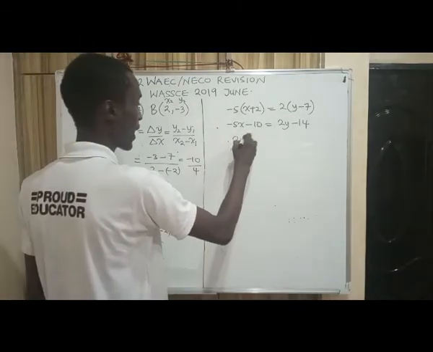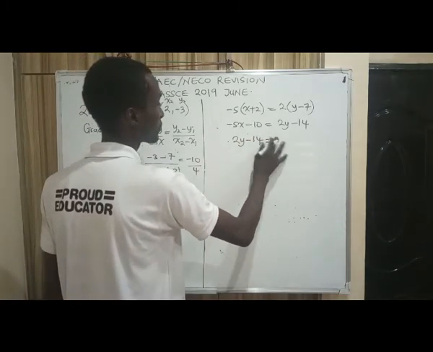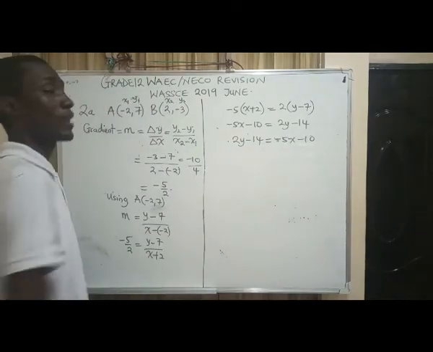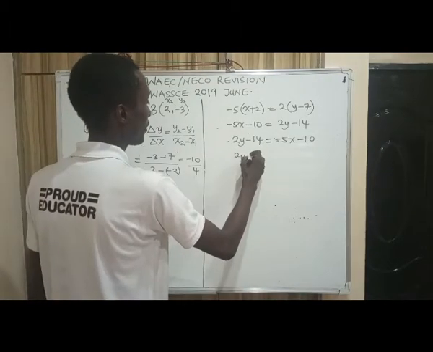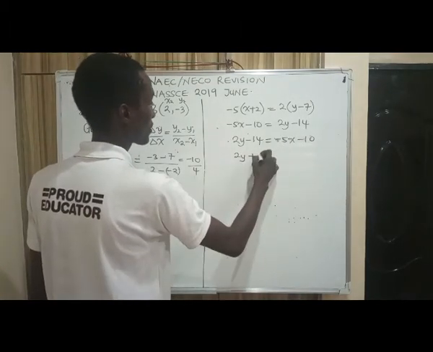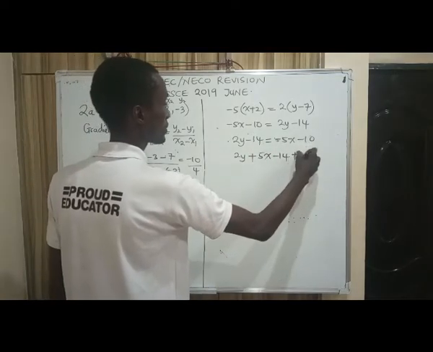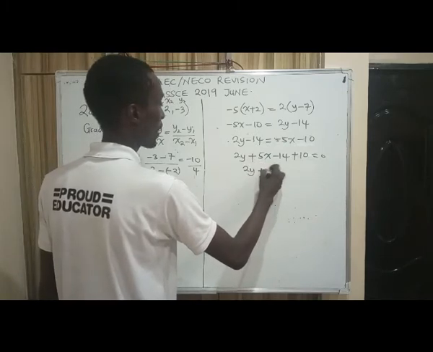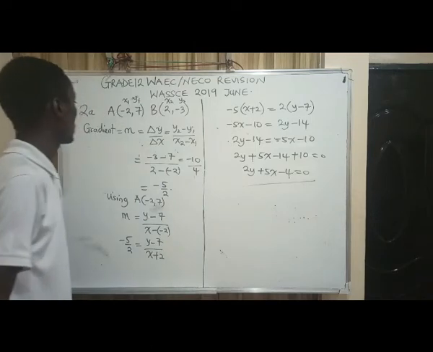So I'll rewrite this and move everything to my left hand side. So that will be 2y plus 5x minus 14 plus 10 equal to 0. And I'm going to have 2y plus 5x minus 4 equal to 0. And that will close out this question 2a.